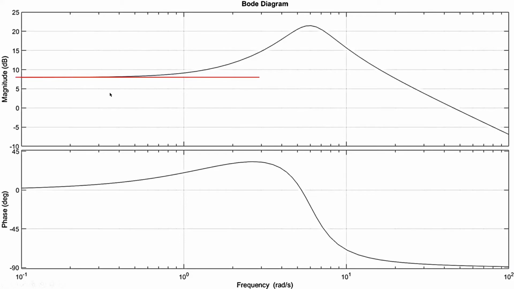Now, what we next will do is, of course, I estimated there is a 0 here. So I will draw a line that has a slope of plus 20 dB per decade, because the 0 will contribute plus 20 dB per decade in our Bode diagram. So it will contribute a positive gain.